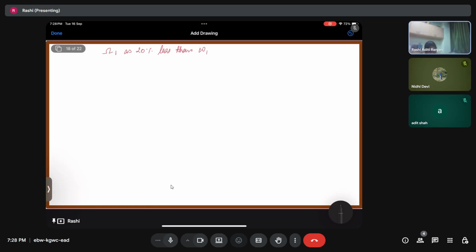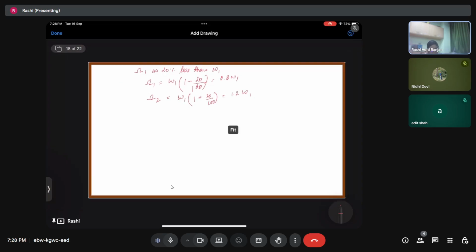So we'll have omega 1 as 1 minus 20 by 100, which is 0.8 omega 1, and omega 2 as 1 plus 20 by 100, which is 1.2 omega 1, or omega 1 is equal to omega anyways. So this is what we are supposed to do.